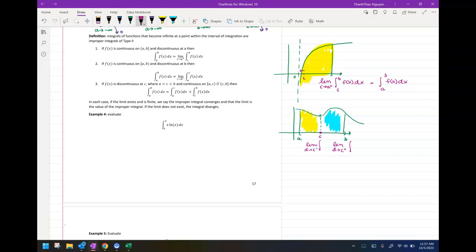We want to evaluate the integral from 0 to 2 of x times ln of x dx. We know that this integral is discontinuous at 0 because ln of 0 is undefined.